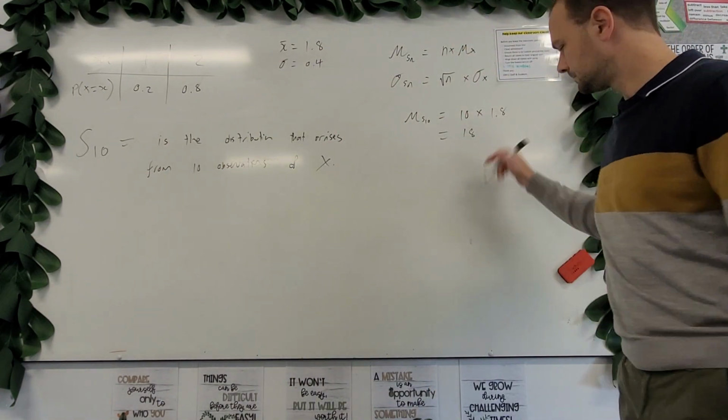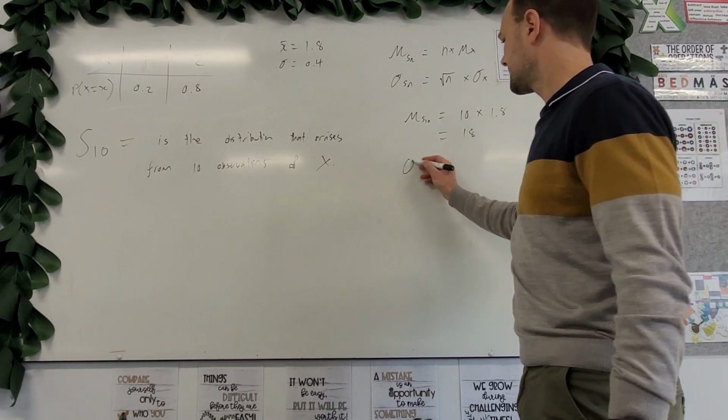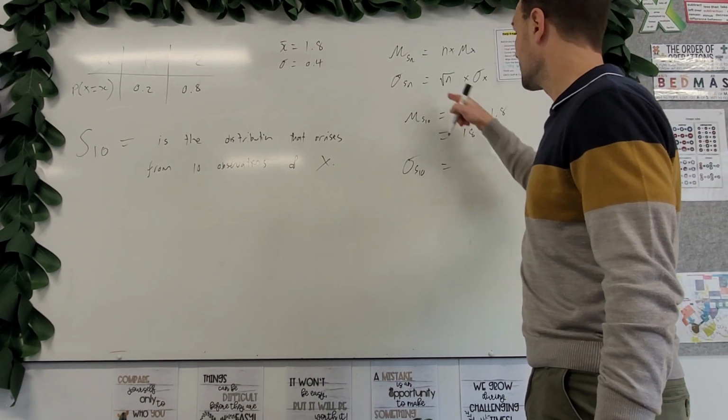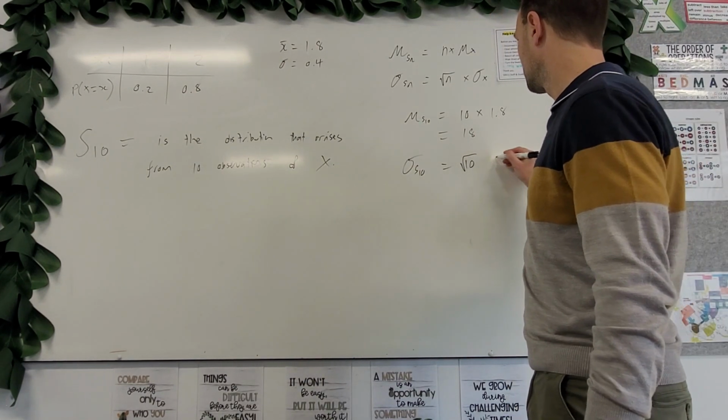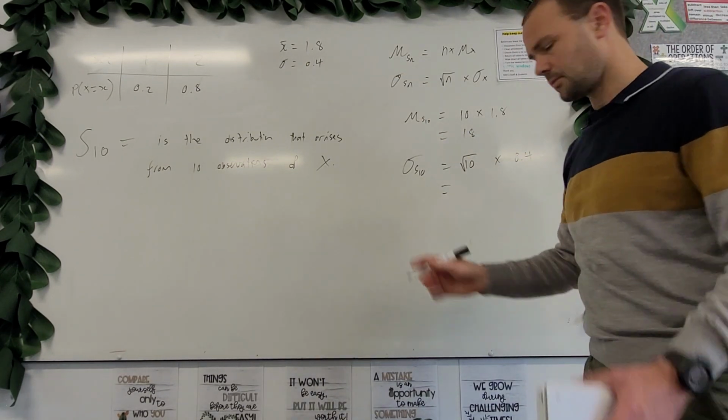That'll be 18. And the standard deviation of S10 is the square root of 10 times 0.4. And we'll state that to 3 sig figs.